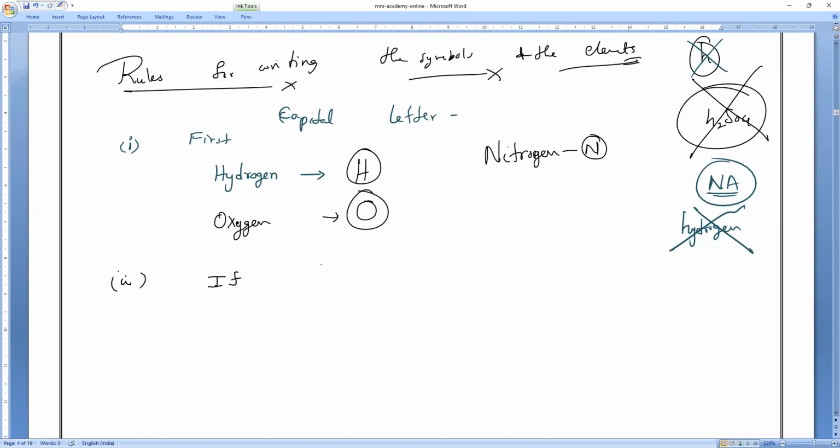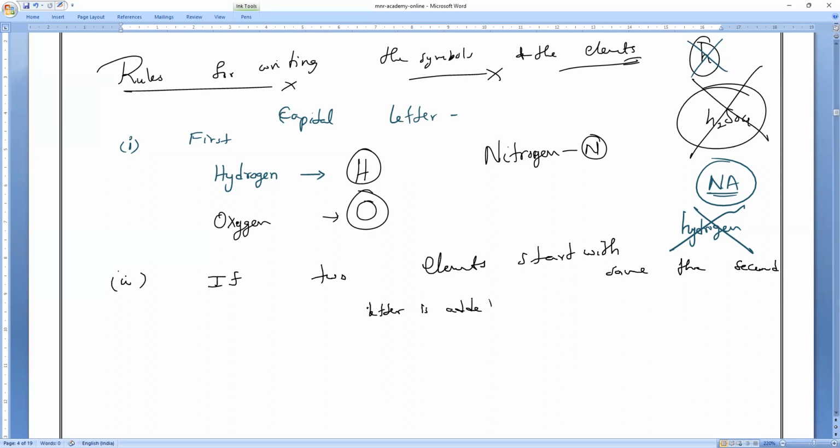Second rule: if two elements start with the same letter, then a second letter is added to the symbol. The second letter must be a small letter.